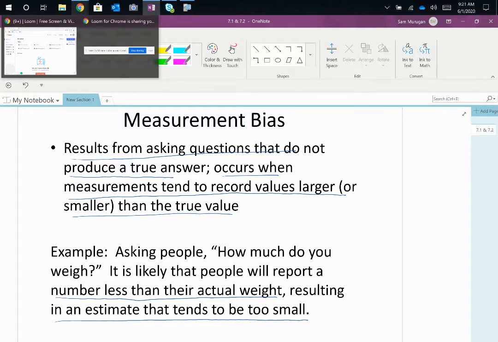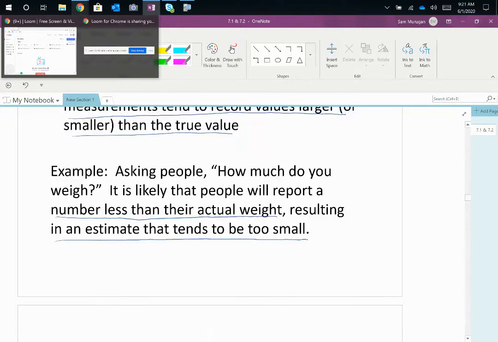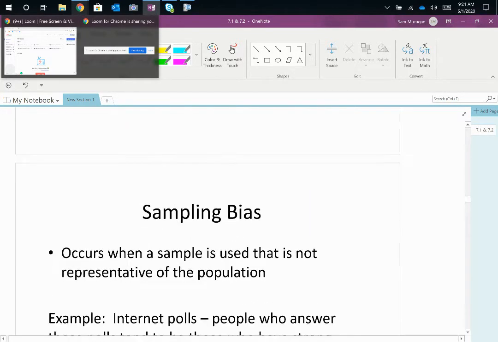And remember, when we're talking about a sample, we're talking about an estimate, a statistic that is estimated.